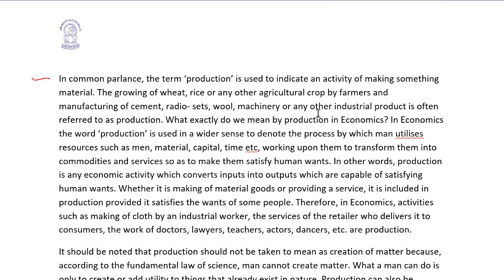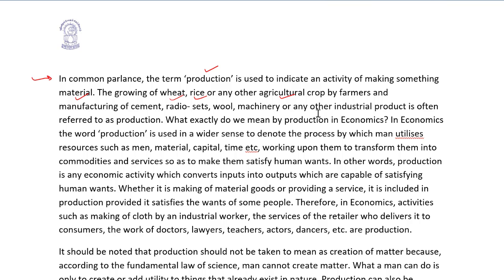In common parlance, the term production is used to indicate the activity of making something material. The growing of wheat, rice, or any other agricultural crop by farmers, and manufacturing of cement, radio sets, wool, machinery, or any other industrial product is often referred to as production.